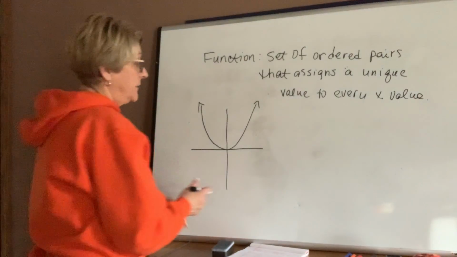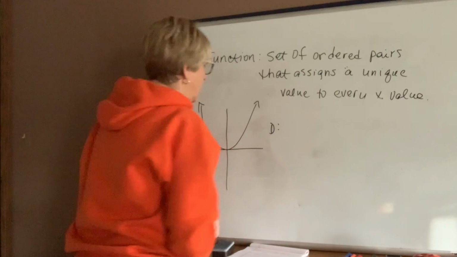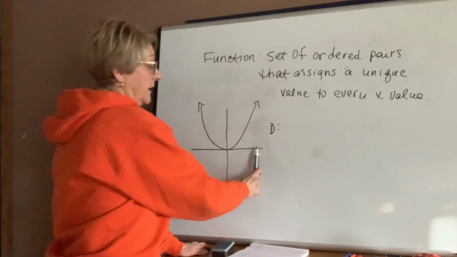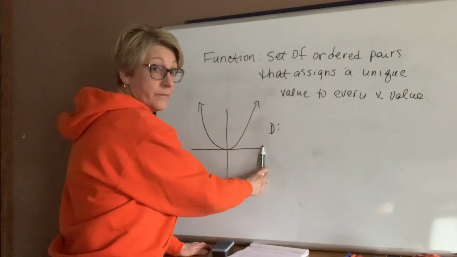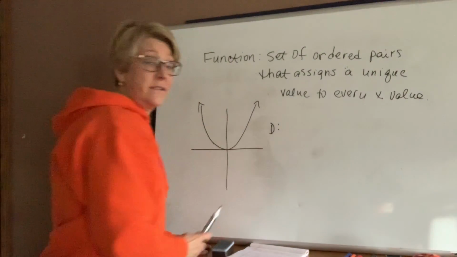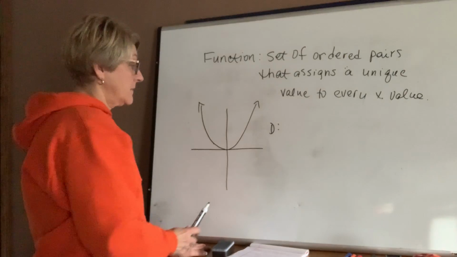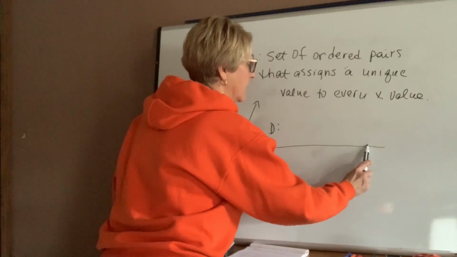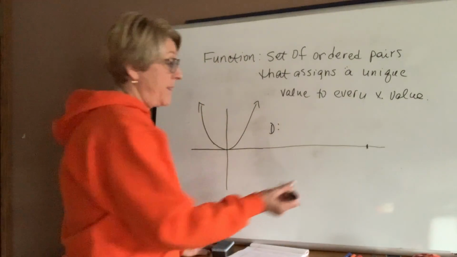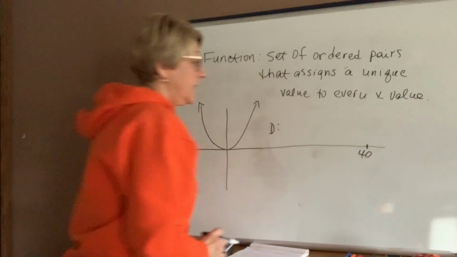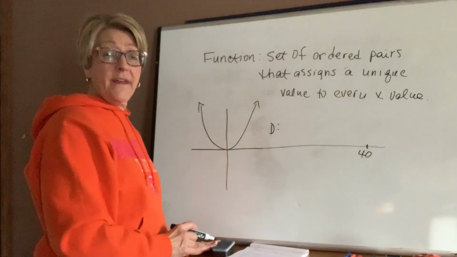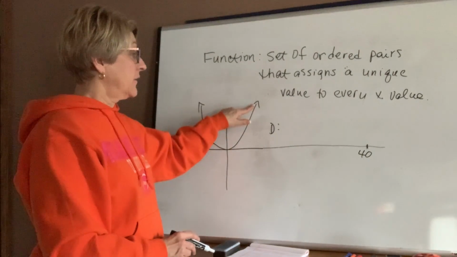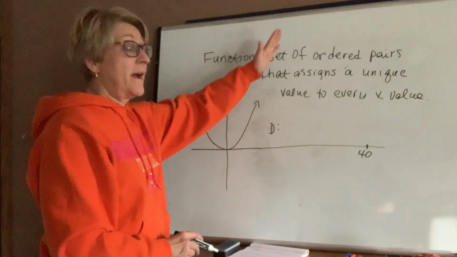So looking at this one, domain, again, we have to stretch our thinking here. Imagine extending the x-axis far out there. Extend, extend, extend. Here's a value of x, maybe 40. Is there a point on this parabola where the x coordinate is 40? Well, this arrow says what? Keep on going.